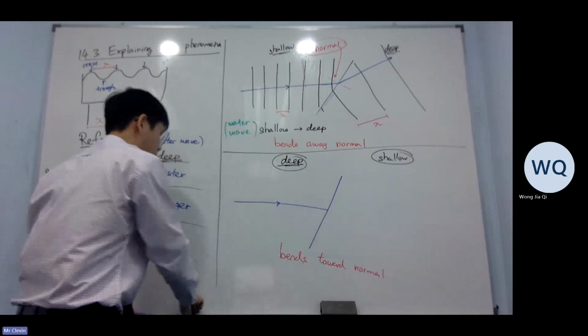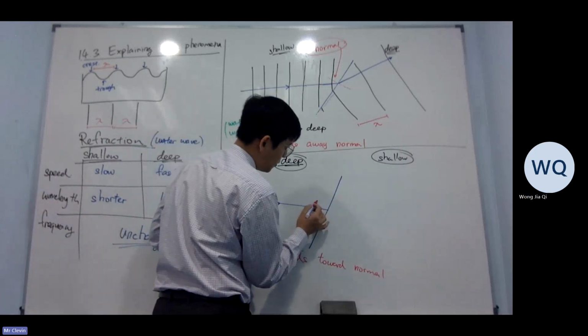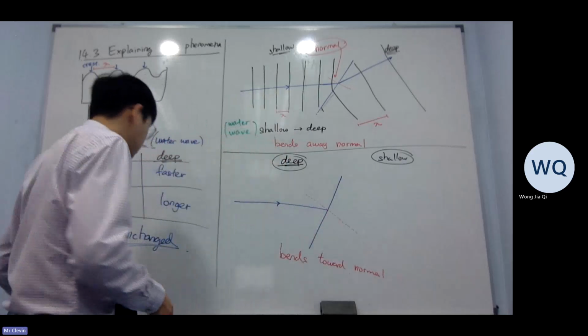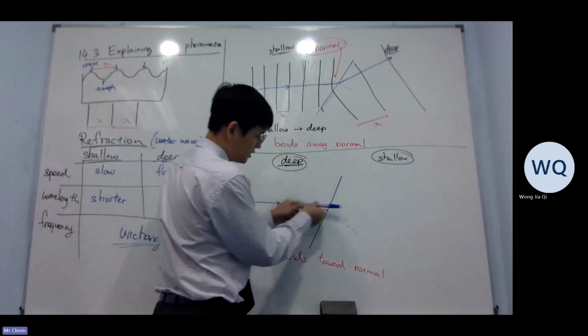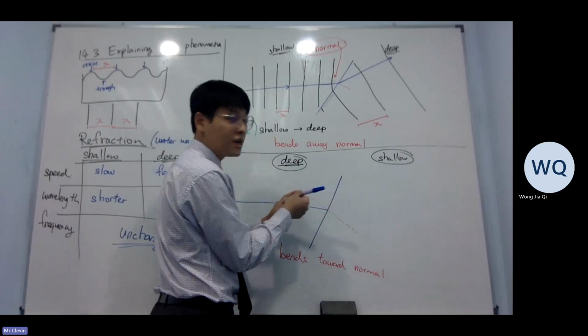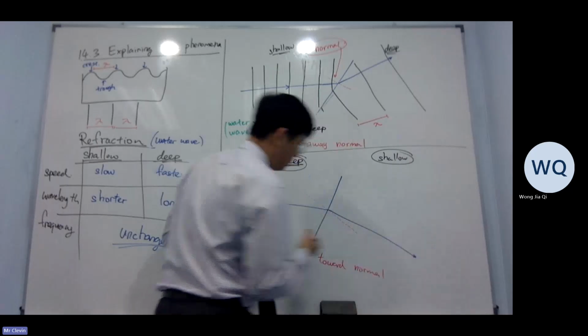So how does your wave look like? Now, identify your normal first. This is my normal, correct? This is my normal, right? If I want to bend towards the normal, original is like this. Do I go number 1 or number 2? Yes, because I want to bend towards the normal, so you will go this direction.